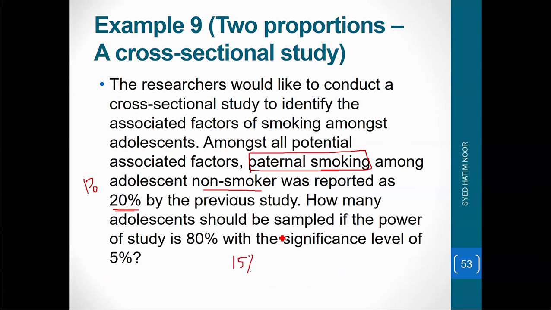That means you think that paternal smoking is not a factor for smoking, because you give only 15%, less than the 20%. Then this is not correct, because you are looking at potential associated factors. That means you think paternal smoking is one of the factors. That's why you make your P1 higher than the 20%. Is it clear?